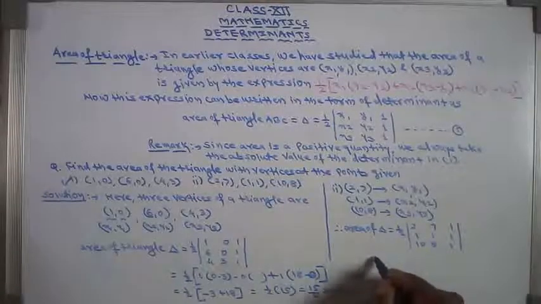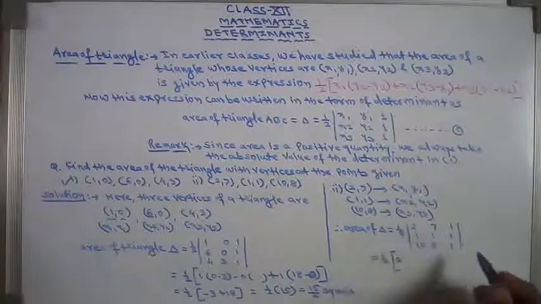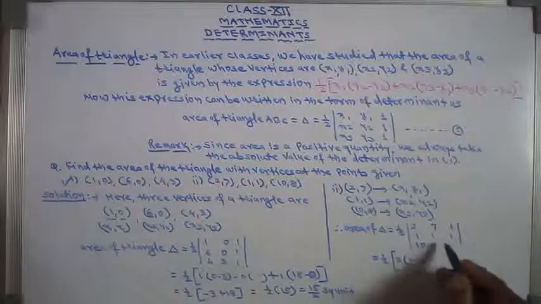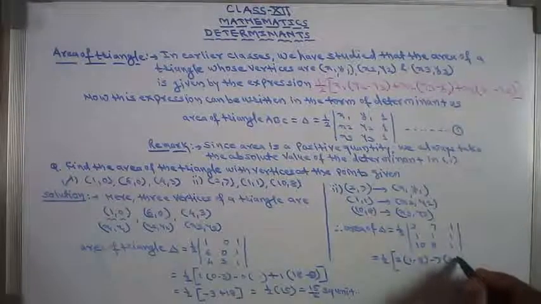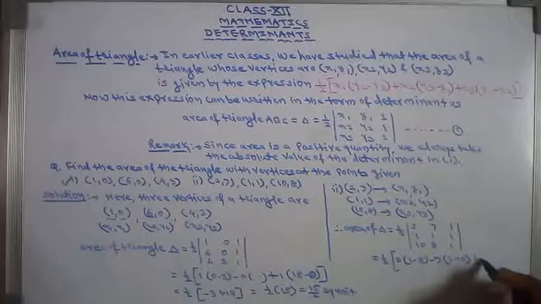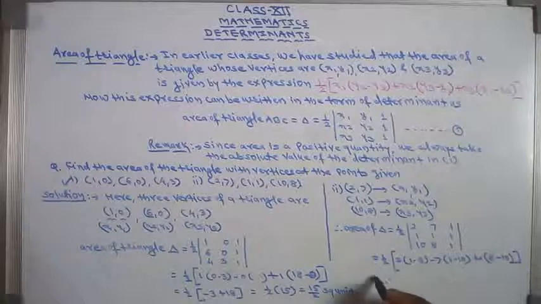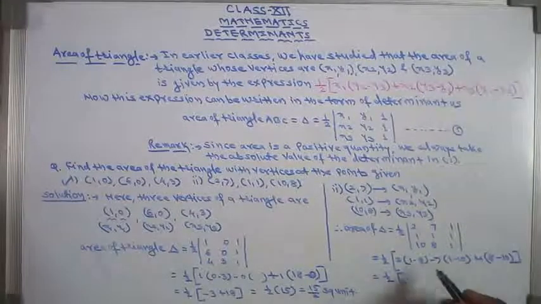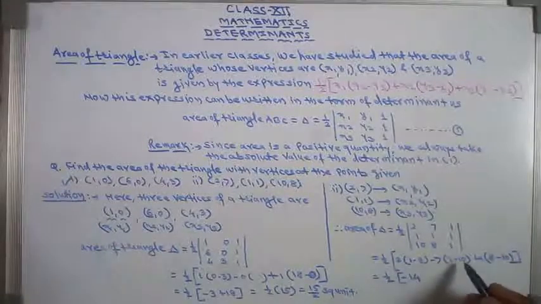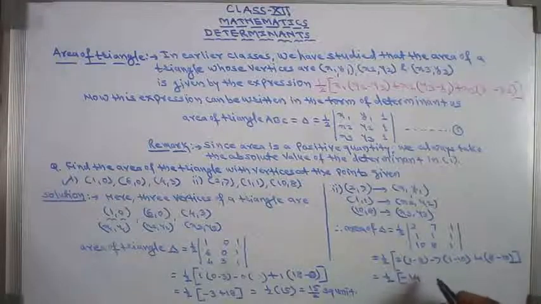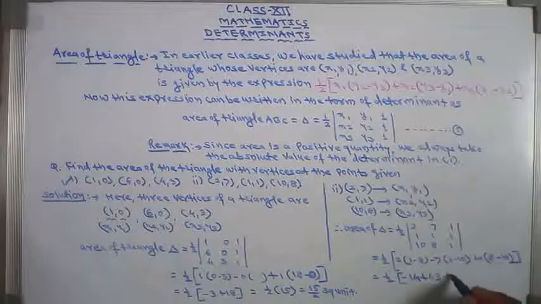Or you can directly expand also. So half into 2 into (1 minus 8), minus 7 into (1 minus 10), plus 1 into (8 minus 10). So this is half into bracket: minus 14, then minus 7 into minus 9, plus 63, then minus 2.